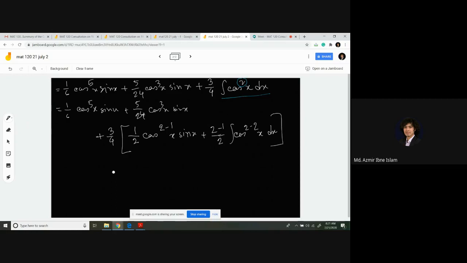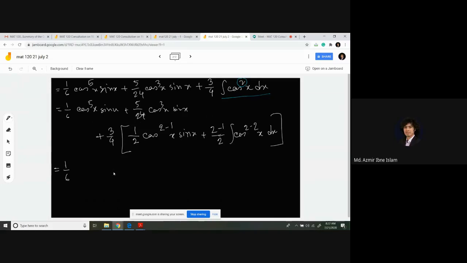Our target is to find the answer of the integration, that is mathematically called the antiderivative. So we have to remove the integral sign. You can see in this equation, we have only one integral sign. Is that okay? Can you see? Yes. So we have to find the answer of that.